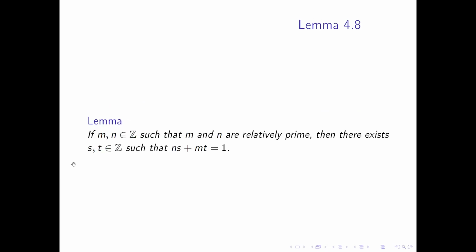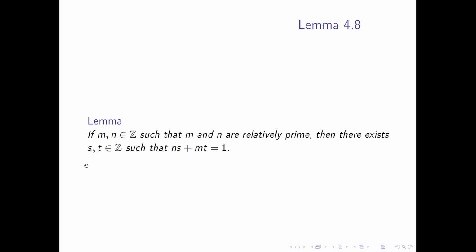And it's namely this lemma: let m and n be integers such that m and n are relatively prime. Then there exist an s and t such that n times s plus m times t is equal to 1. In other words, there is a linear combination of m and n that's equal to 1.